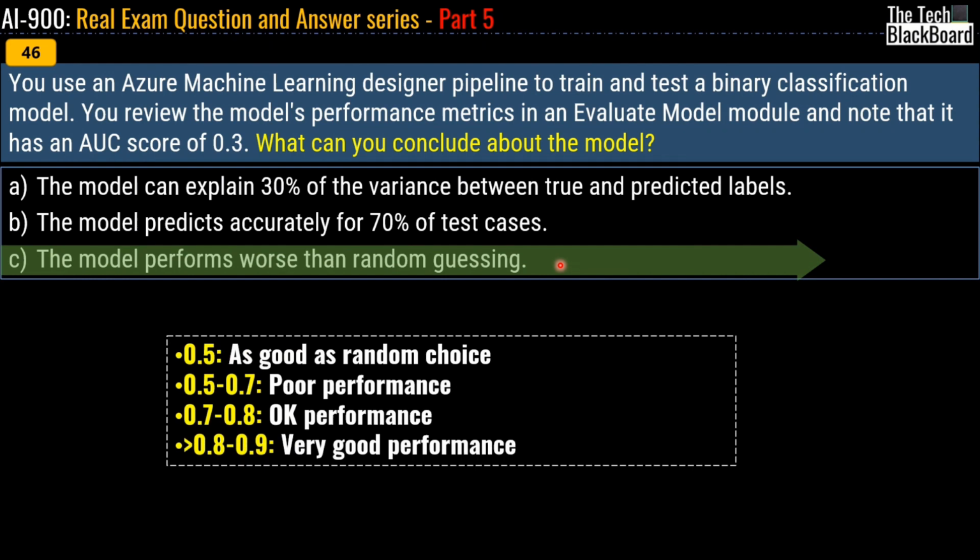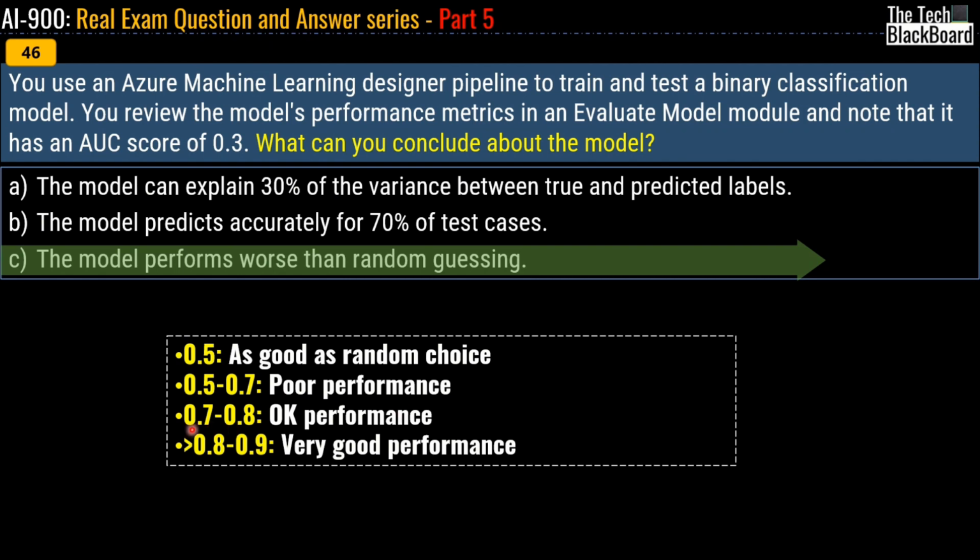So here I present a quick scale or benchmark that you can use whenever there are questions on AUC score. It shows that if you have a score of 0.5, then you are as good as a random choice. However, our score was 0.3, which is of course less than 0.5, and that's why our model performs worse than random guessing. Similarly, if your score is between 0.5 and 0.7, then you have poor performance.